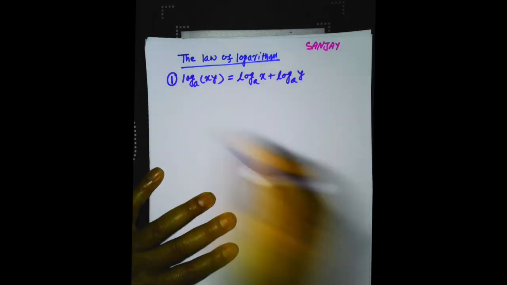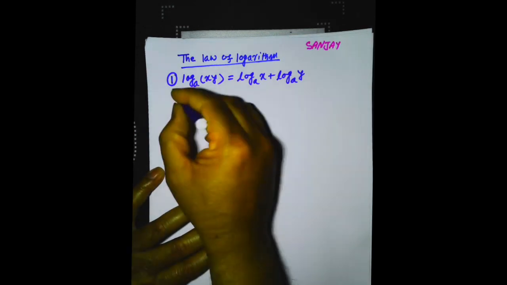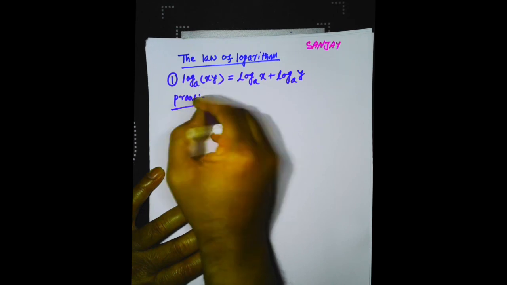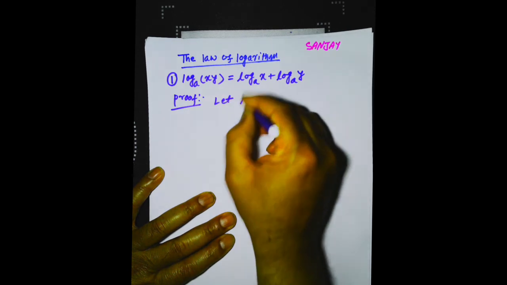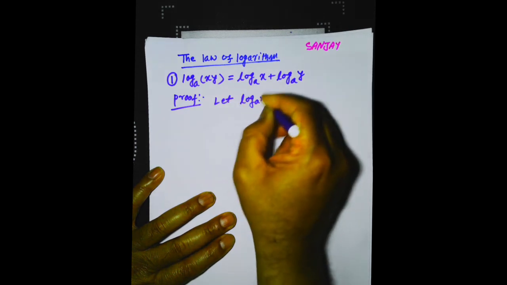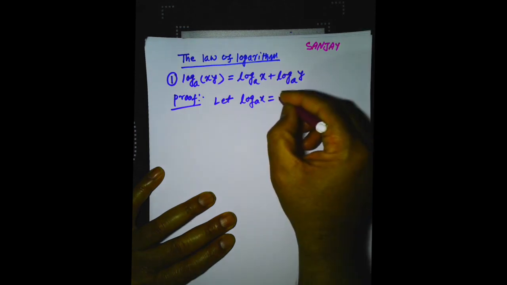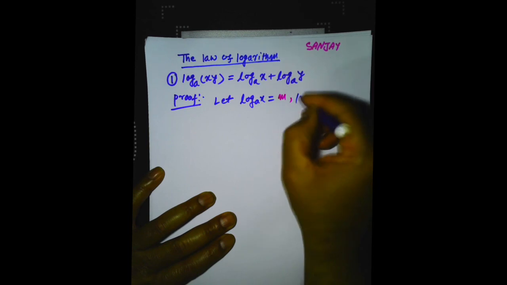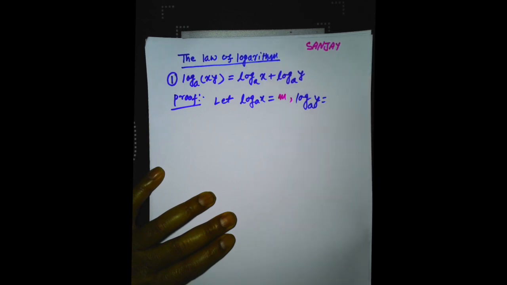In this case, for the proof, you can suppose let log base a of x equal m and log base a of y equal n.